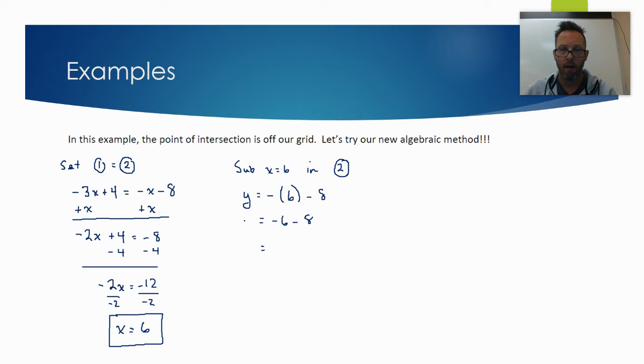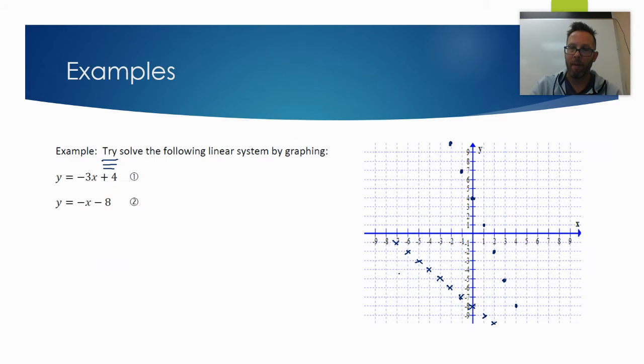And we get that y is equal to negative 14. So our point of intersection is (6, negative 14). Now, flipping back to our graph, it certainly seems reasonable for that to be the point of intersection. It seems to fit pretty good. I think we're pretty confident we did that right.